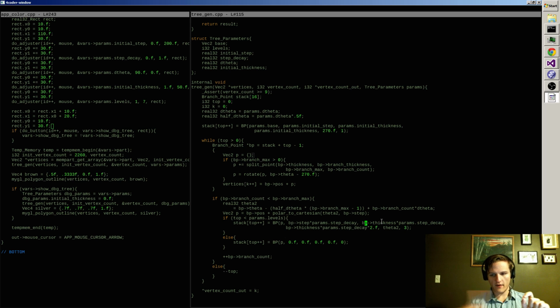So basically, it's half the distance between those two points, whereas this down here is the distance between two things on the other end. Anyway, let's take a look.